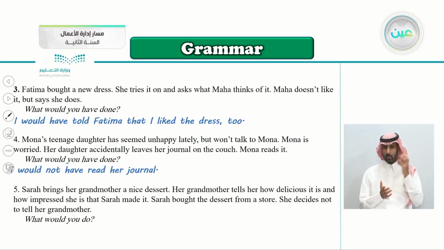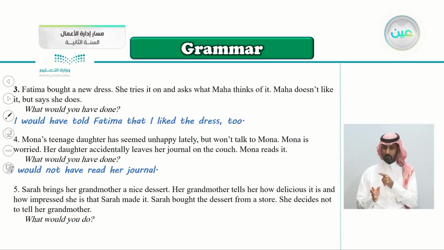Number 5, Sarah brings her grandmother a nice dessert. Her grandmother tells her how delicious it is and how impressed she is that Sarah made it. Sarah bought the dessert from a store. She decides not to tell her grandmother.